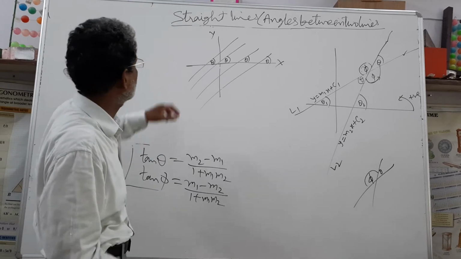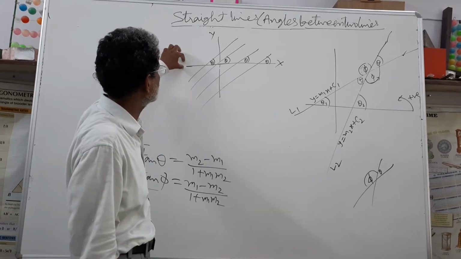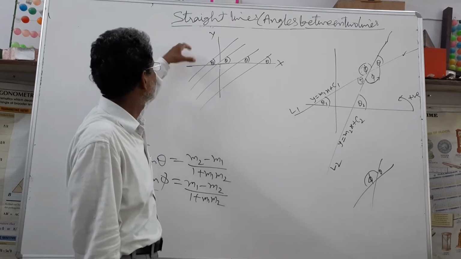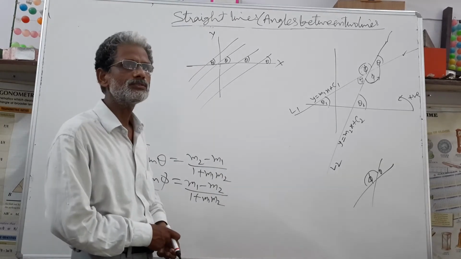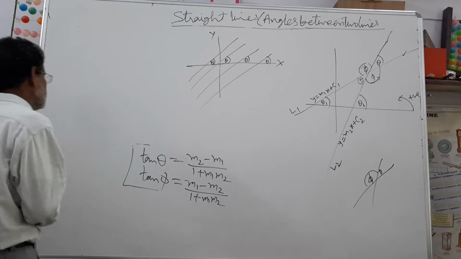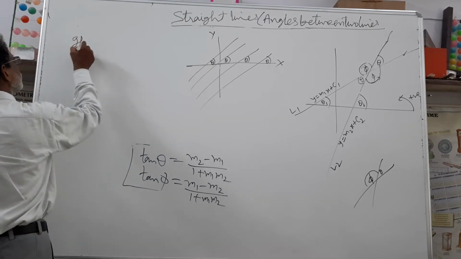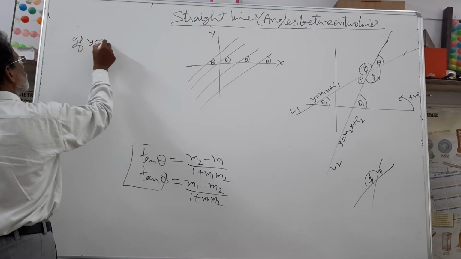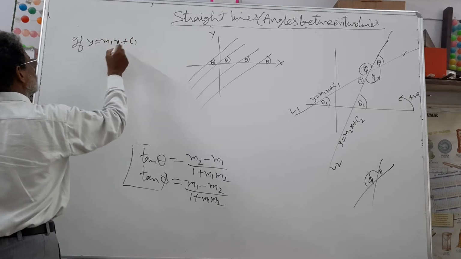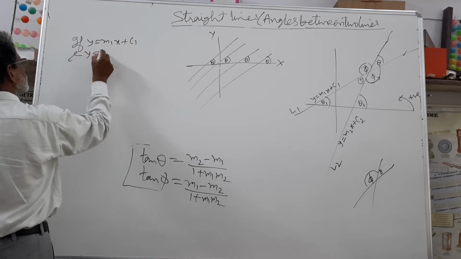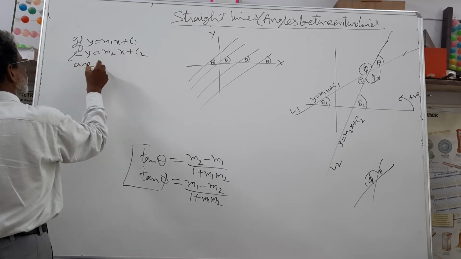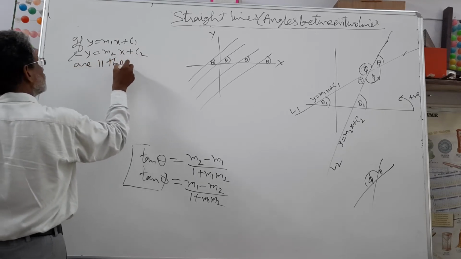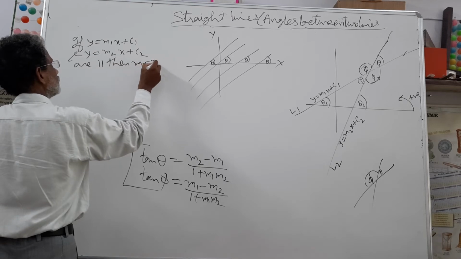And if the angle made by all these lines with the x-axis is the same, then the slope of all these lines will be the same. That is, if y is equal to m1x plus c1 and y is equal to m2x plus c2 are parallel, then m1 is equal to m2.